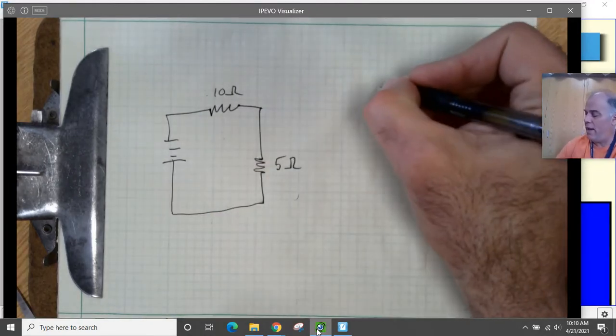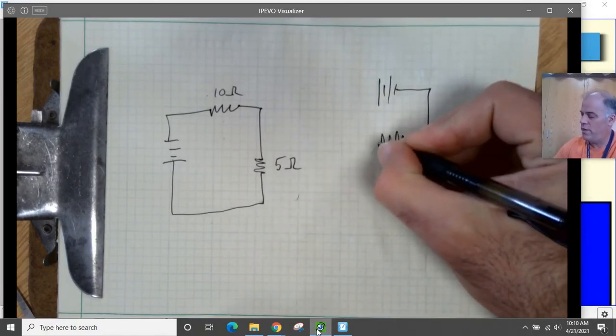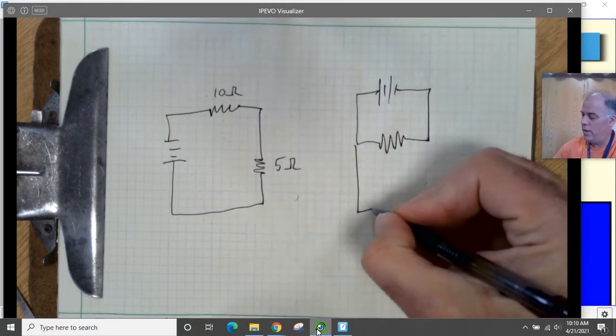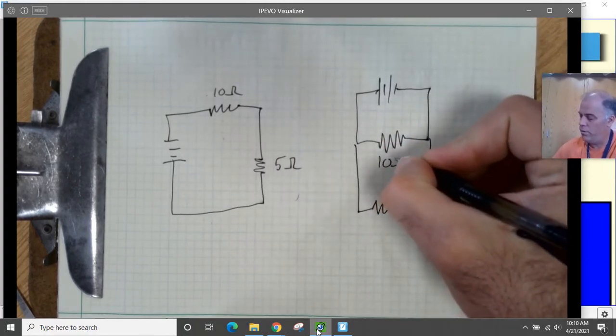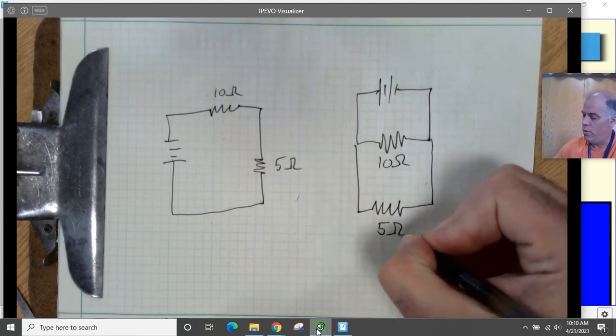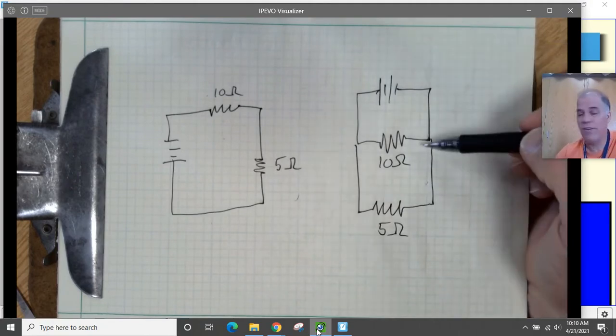Now, what if we have a parallel circuit? What if we take these same two resistors and we put them in parallel with each other? We call this one 10 ohms and this one 5 ohms. Okay. Well, now the electrons have a choice.